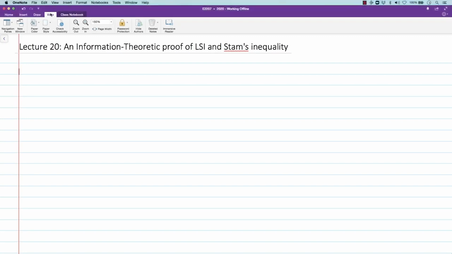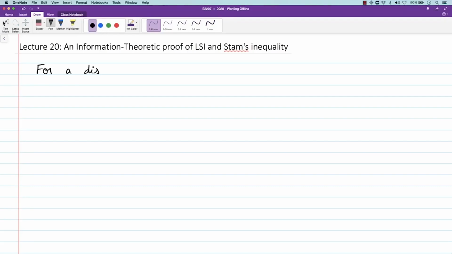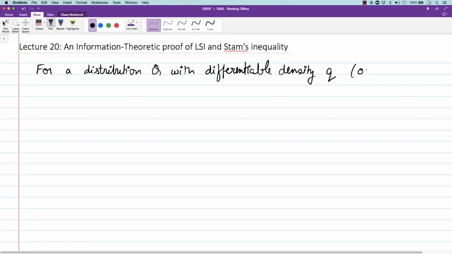Okay, so let's begin. So recall that for a distribution Q with differentiable density Q, we consider two quantities.